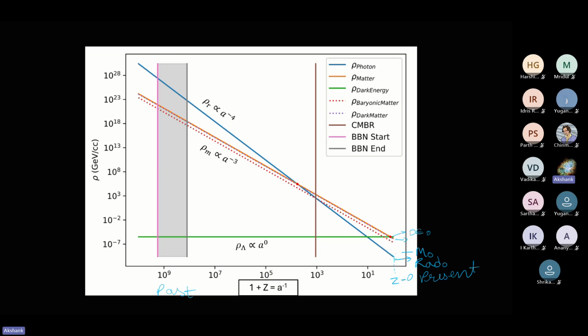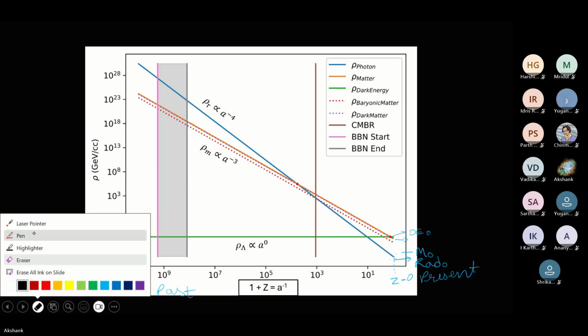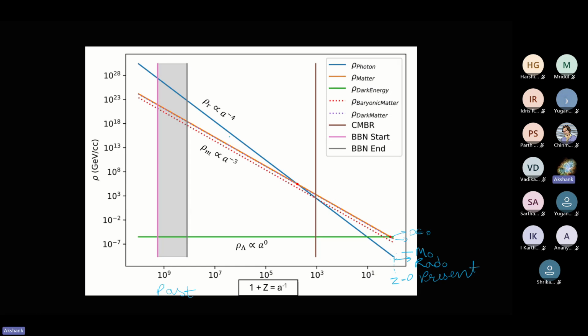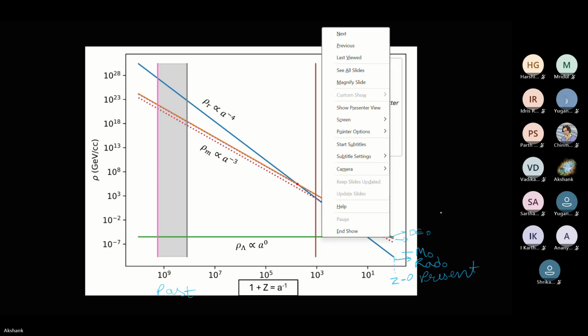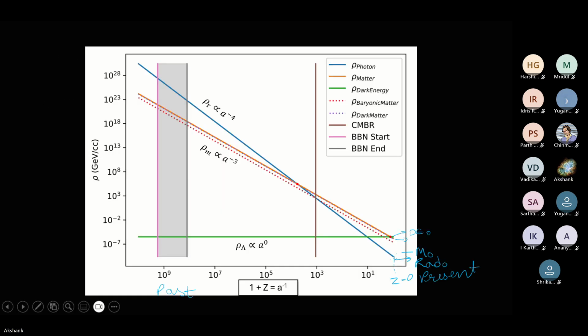As the universe was smaller, we simulate how these densities changed. So you see this first dot here. This first dot is your dark energy and matter equality.